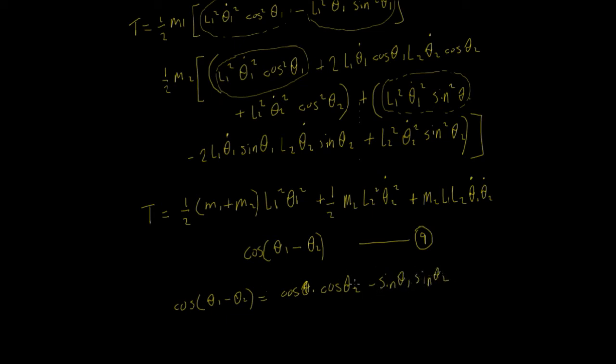We used this identity because we had a minus sine and a plus cos, so we were able to take this one here and this one here and connect them together to write it in that form, cos of theta 1 minus theta 2.